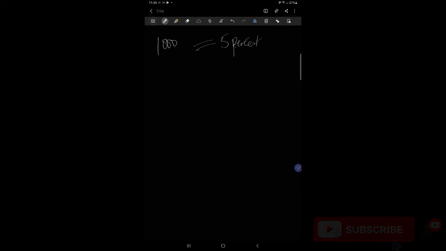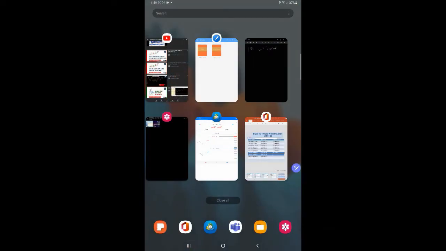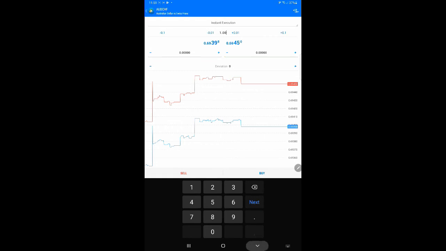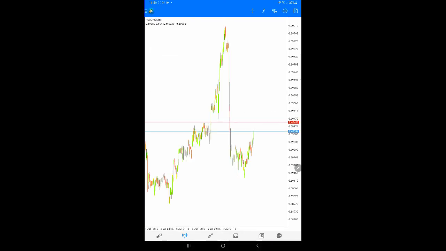So I think it's fine now. Let's say you have $1,000, and with the $1,000 you're intending to risk $50, which is 5% of your equity. With this 5% of your equity, you're expected to have only one trade. Remember how to place your stop loss. We mentioned that before, right? If you're taking your trade from this particular level to here, say you want to sell, from here to here you calculate the pips from your entry price to your stop loss price.